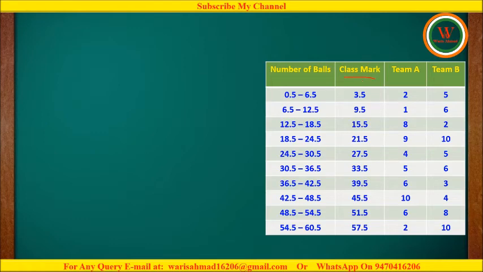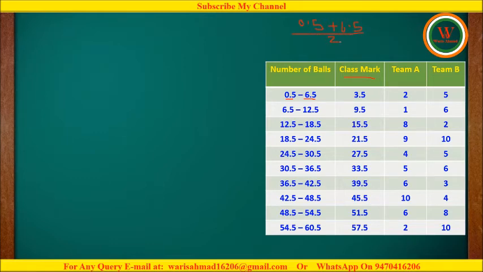Let us see how to find the class mark of each class. We will add the lower limit and the upper limit and then we will divide it by 2. 0.5 plus 6.5, divided by 2. This is the formula to find the class mark.